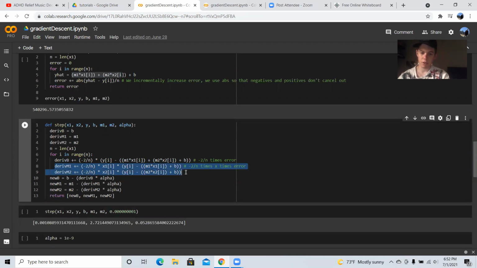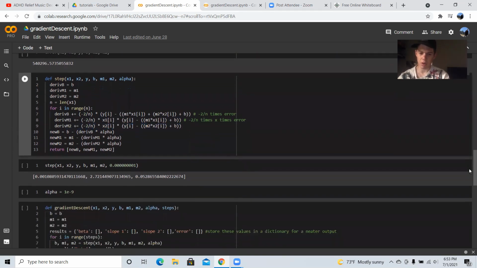And then if there were three m's and three x's, like if we had three features we were looking at, there would be another line of code inserted right here, except all the twos here would be turned to threes. So it would be deriv m3 is equal to -2 divided by n times x3 of i, and so on. I hope this makes sense.